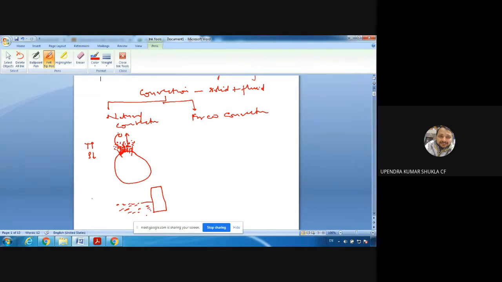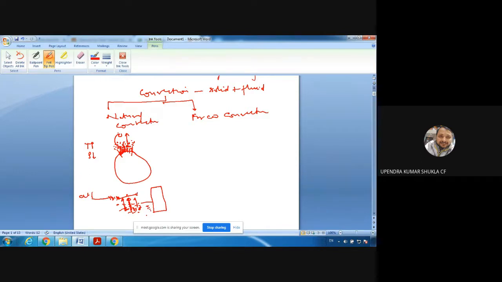Air is moving from this side and it will gain moisture from the water. It will have the moisture in the form of vapor, because this liquid area will be heated up, so the liquid will be converted into vapor, and this vapor will mix with the air.